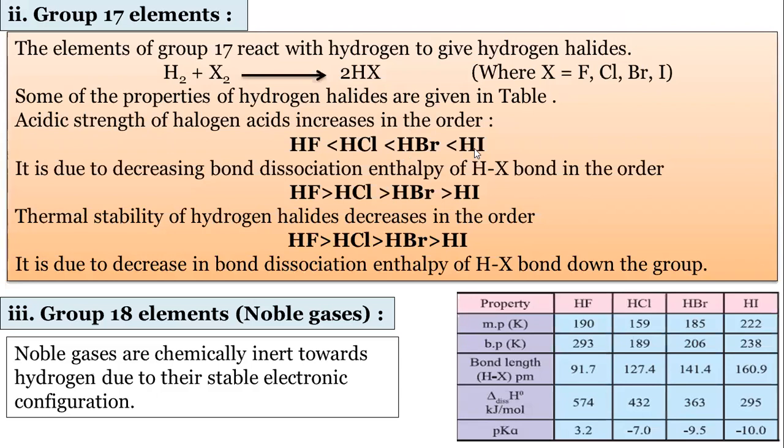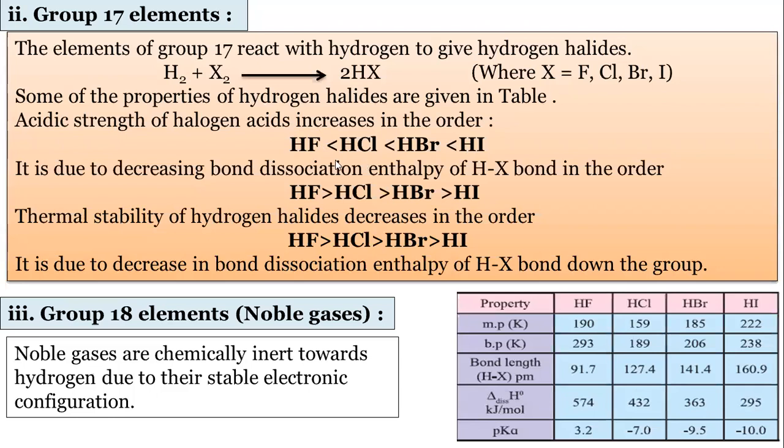If the bond is very strong, the hydrogen is not easily removed. But the bond between hydrogen and iodine is very weak, so HI is a strong acid. The bond between hydrogen and fluorine is very strong, so hydrogen requires more energy to break this bond. So HF is a weak acid and HI is a strong acid, remember.